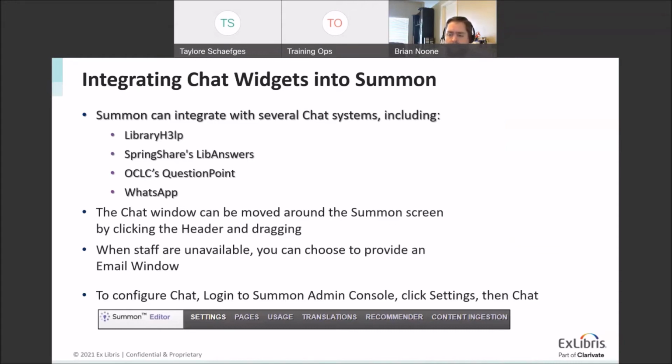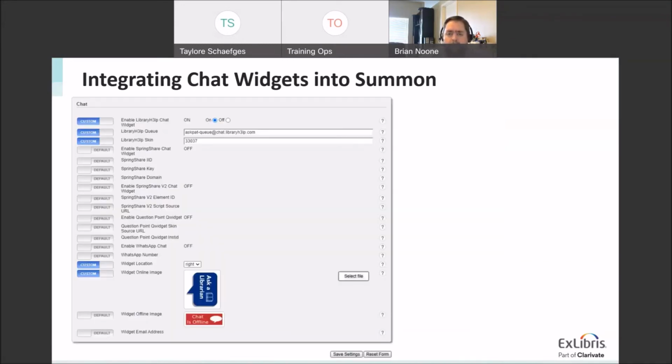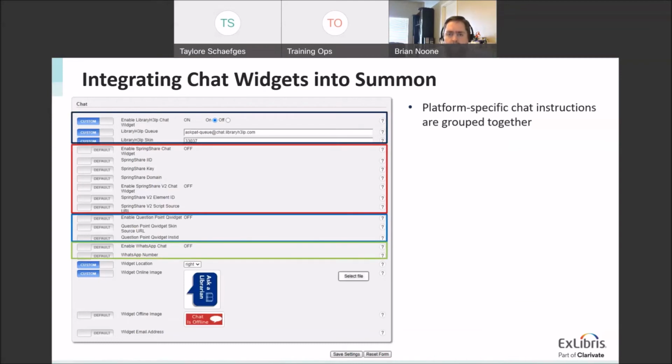Again, you're going to go to the Summon Admin Console, choose Settings, and then click Chat. Now, this looks like a lot of configurations, but it's actually broken out by different platform. So the Library h3lp, the SpringShare, the QuestionPoint, and then WhatsApp.